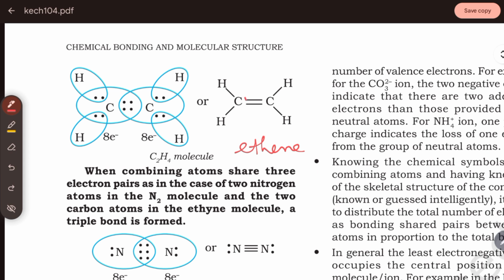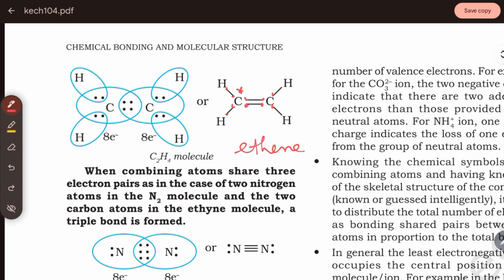So carbon has 1, 2, 3, 4. And this carbon 1, 2, 3, 4. Okay. So now this carbon is telling I have 4. Now I need 4 more. So 1 from hydrogen, second from hydrogen, third from carbon and fourth from carbon.